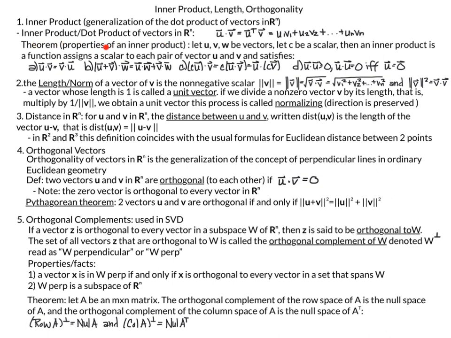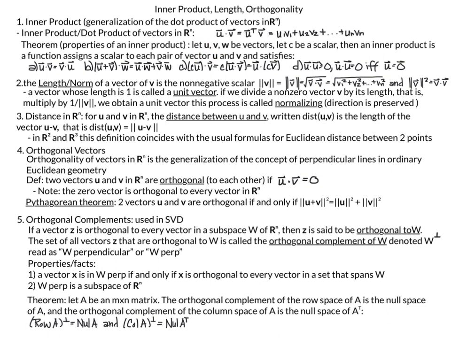So in general, an inner product, if you have vectors u, v, and w, not necessarily in Rn, and a scalar c, is a function that assigns a scalar to each pair of vectors u and v that satisfies these 4 conditions. 1, there's commutativity, u dot v equals v dot u. 2, there's the distributive property, so w dot u plus v is equal to the sum of u dot w and v dot w. 3, we have this scalar that you can pull out.